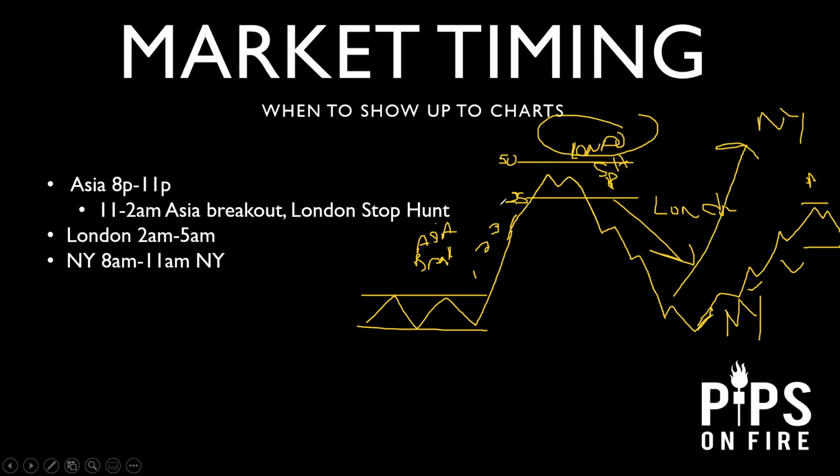So be mindful of the breakout, okay? Don't hold this, right? Don't hold this until you have clear candlestick patterns to say, yeah, this thing is gonna continue long, okay? All right, I hope that makes sense, guys.